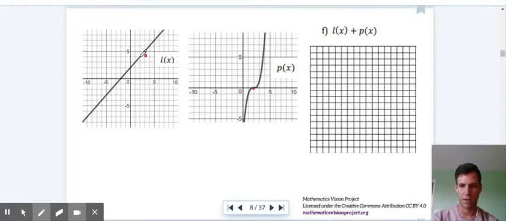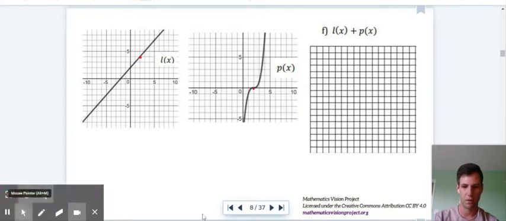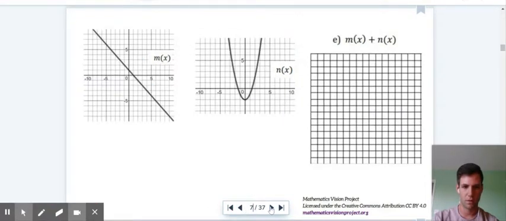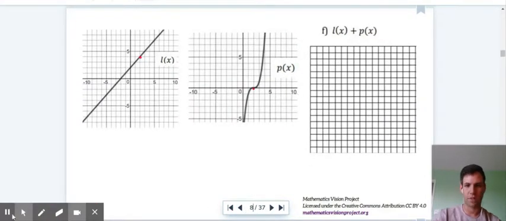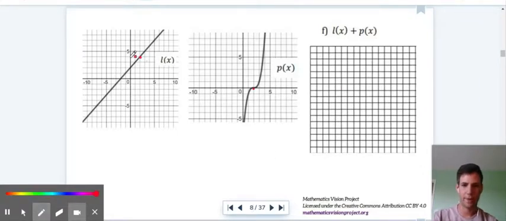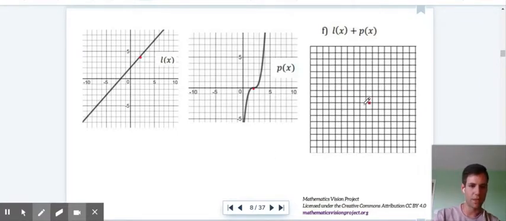And at x equals 2, we're at 4. So we're going to mark basically 4 plus 0. And we got to draw it on our y-axis first, sorry. So we can do that now.